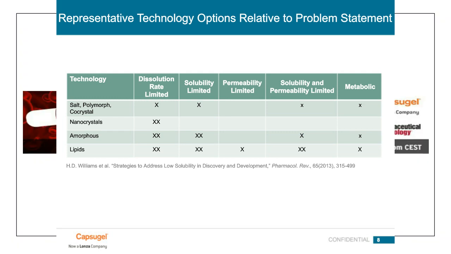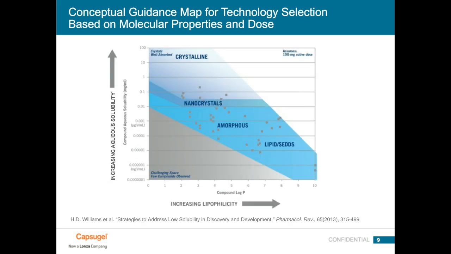So this plot here is one example of a plot we might look at when choosing a technology for a particular compound. On the x-axis is log P, or the lipophilicity of the compound, here ranging from 0 to 10. And then on the y-axis is the aqueous solubility. This is given assuming a 100 milligram active dose, and then that can be shifted up or down depending on the actual dose of the compound.